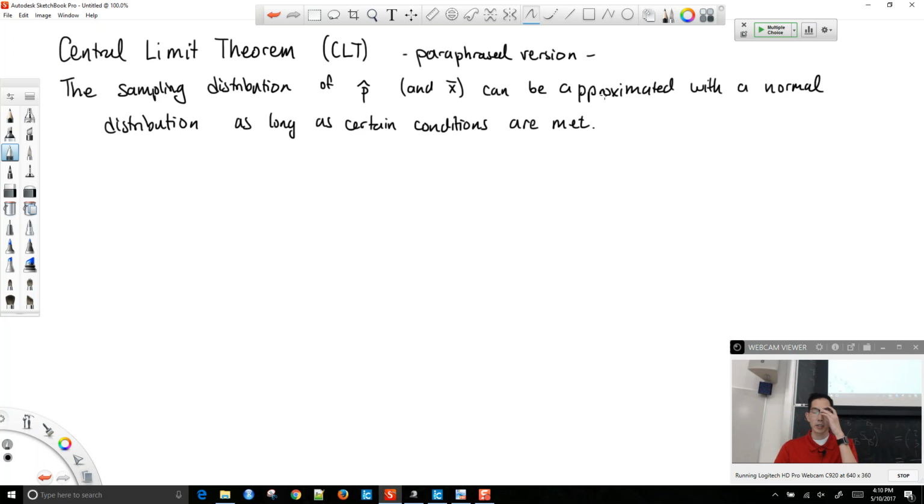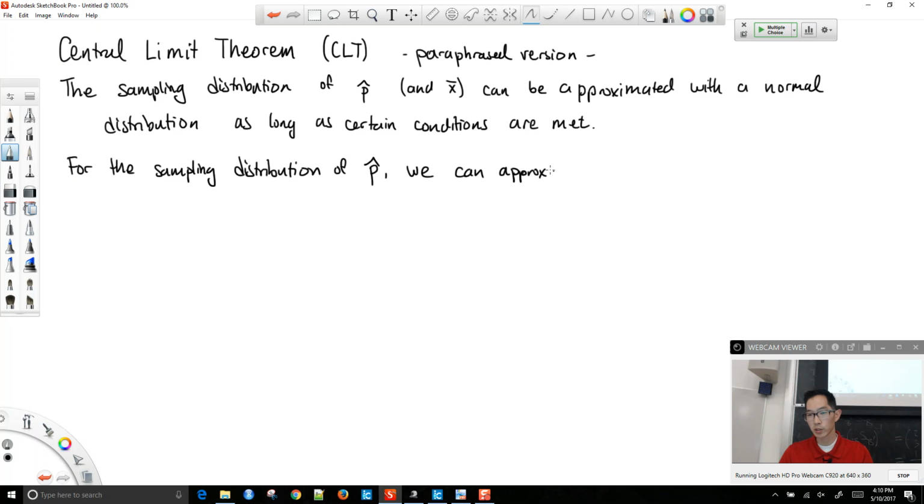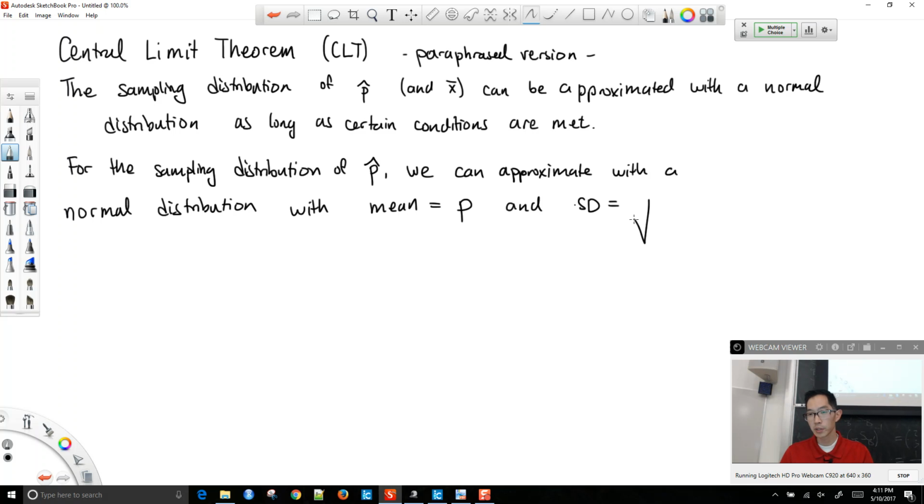Specifically, for the sampling distribution of p hat, we can approximate it with the normal distribution with mean equal to p and standard deviation equal to the square root of p times 1 minus p divided by n.